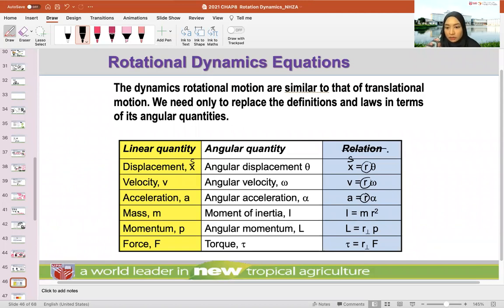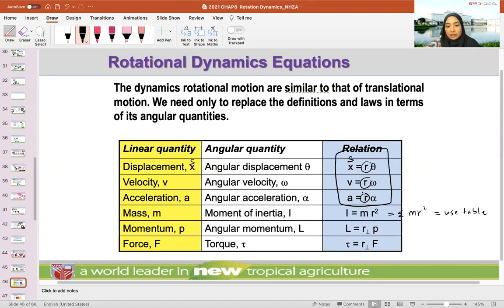So this one, yang ni sama kumpulan lah, dia sama gang. Yang lain ni dah macam huru hara. So mass, we have mass in linear quantity. In angular quantity, mass is known as the moment of inertia I. And this is equal to I equals mr squared for a single particle. If you have more particles, you need to add them all together, sum of mr squared. If it is difficult to identify the particles, or it's a whole object with many particles, you use the table or you integrate.